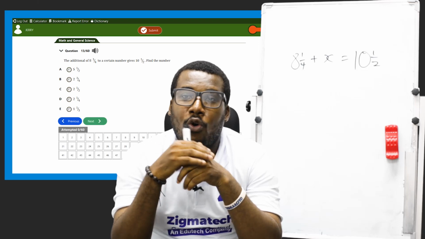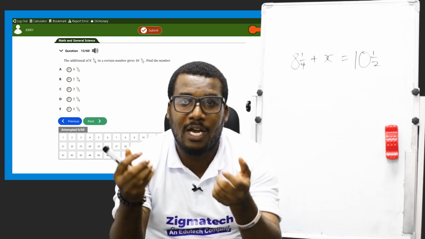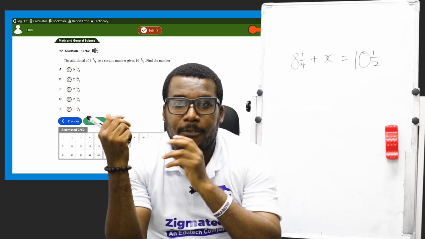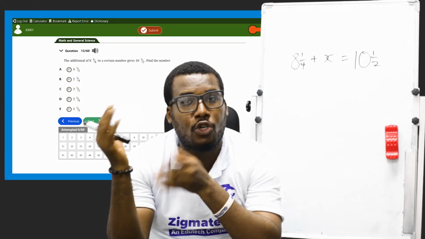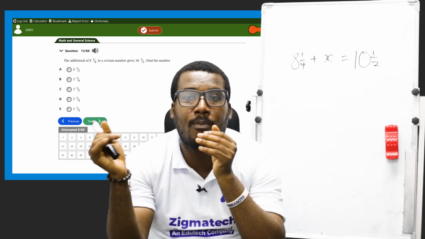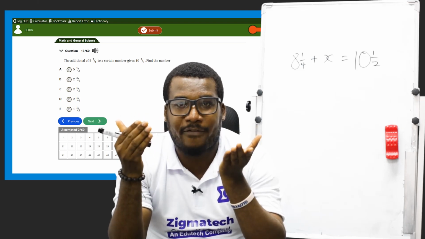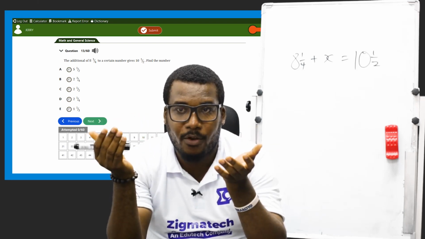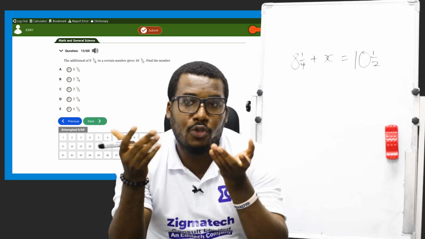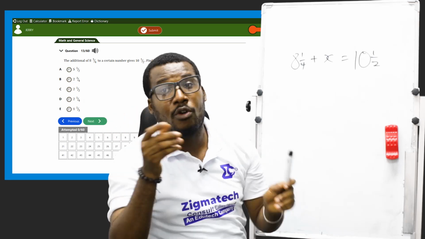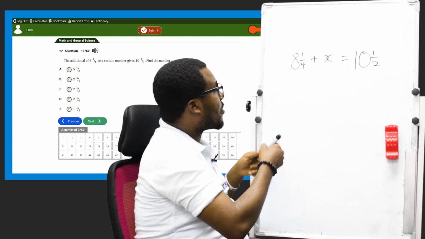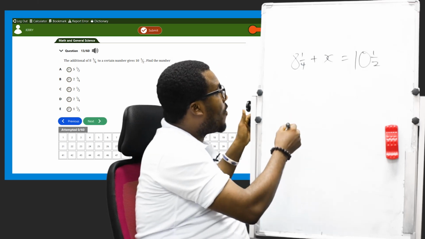You can choose to work with the fractions and remove the whole numbers, or you can multiply through to get an improper fraction and then work your problem from there. Let me use the two scenarios and see if we get the exact answer. So let me work with the removal of the whole numbers.